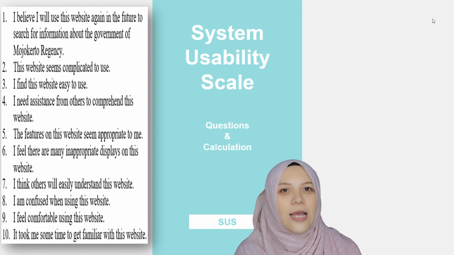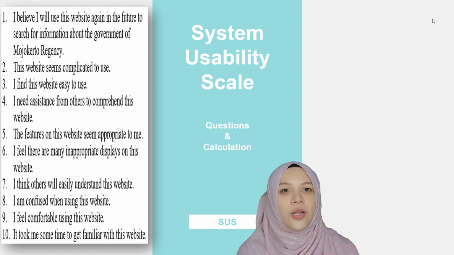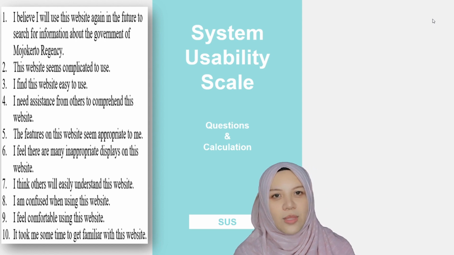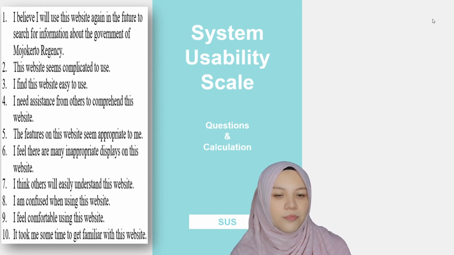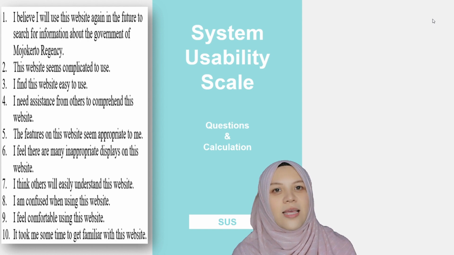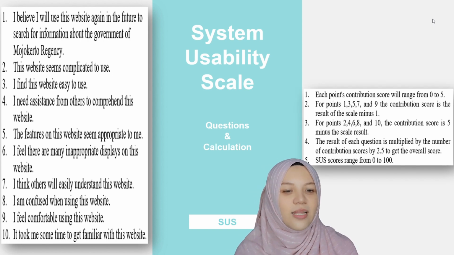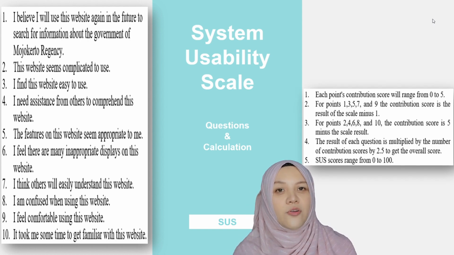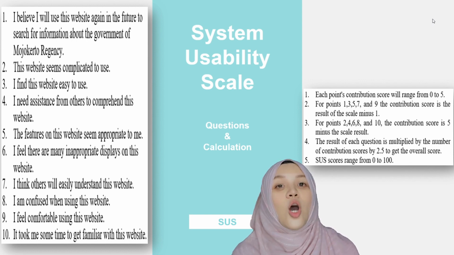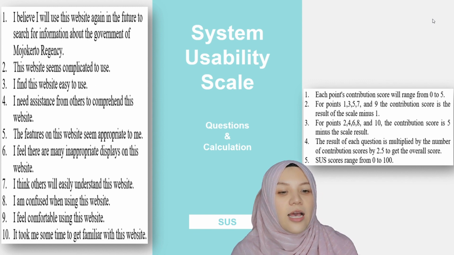If you notice, number 1 is positive, number 2 is quite negative, and then 3 is back to positive, 4 is back to negative, and like that, over and over again until the last number. So why is it like that? Because it has a formula. For the calculation, each point's contribution score ranges from 0 to 5. For 1, 3, 5, 7, 9, which are odd numbers, the score is the scale minus 1.